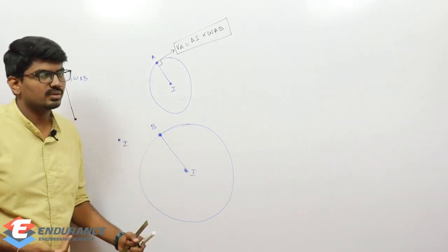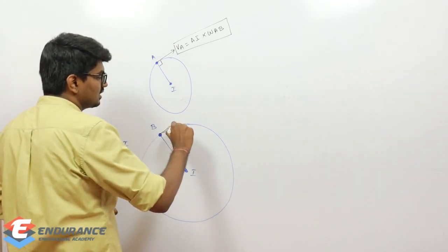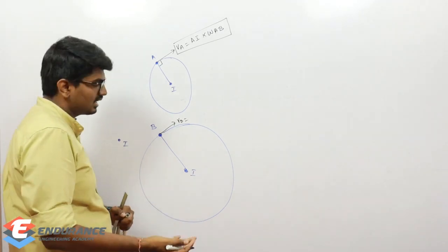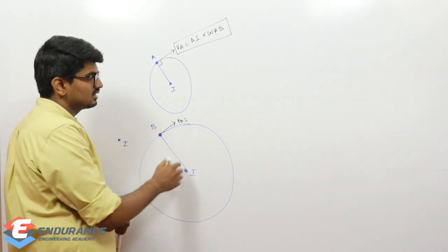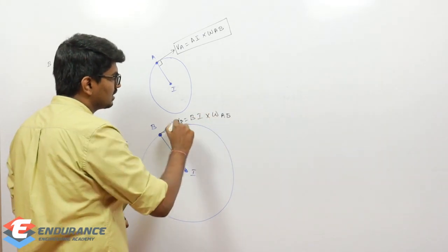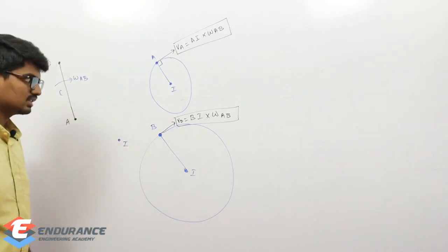So it has only one component of velocity, the tangential component, which will be equal to R into omega. What is the radial distance here? BI, right? BI into omega AB. This is the tangential velocity at point B.